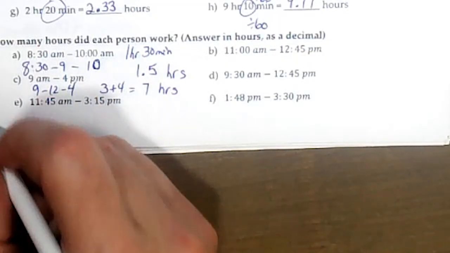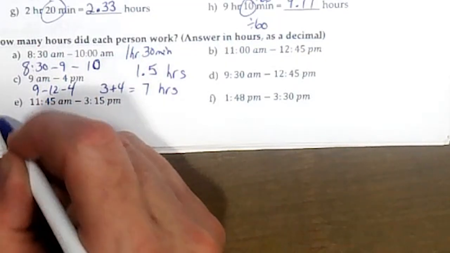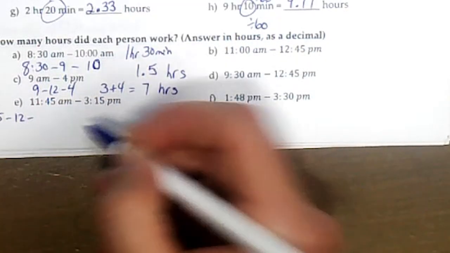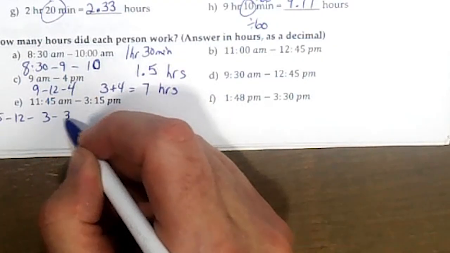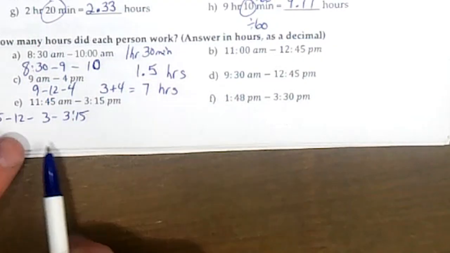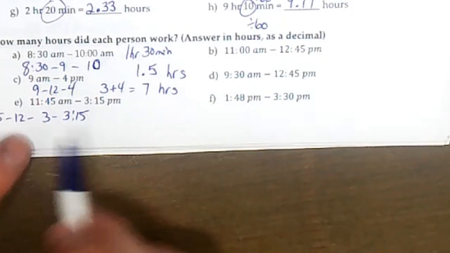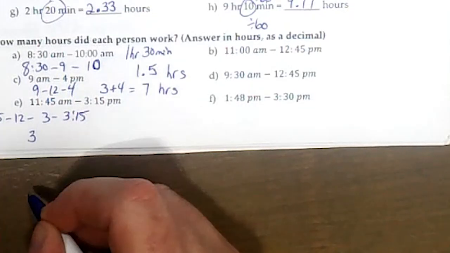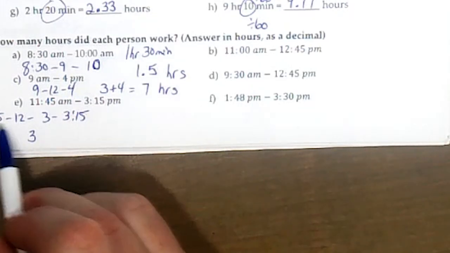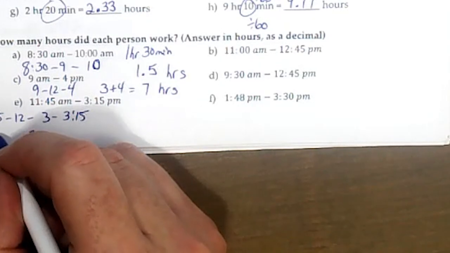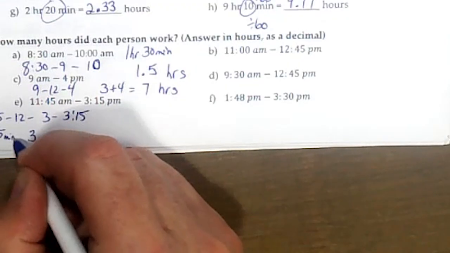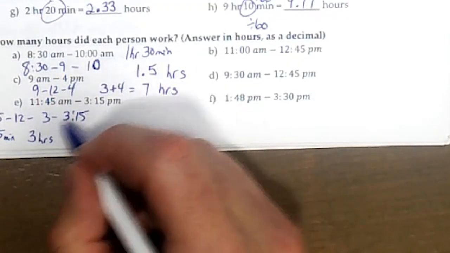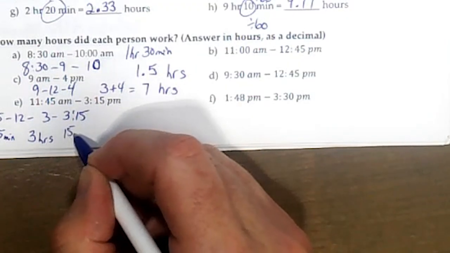11:45 to 3:15. So the obvious one is 3 hours from 12 to 3. There's 15 minutes from 11:45. And then 15 minutes on the end.